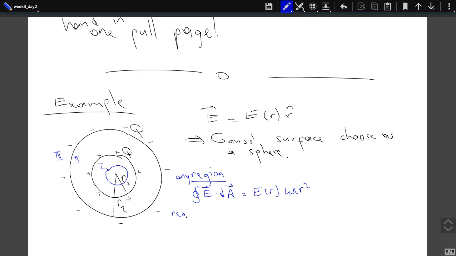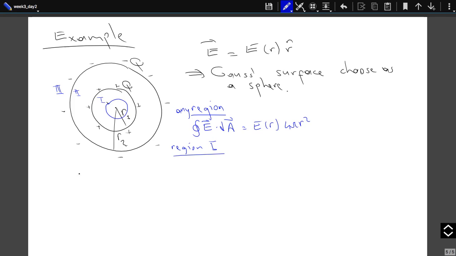Now region 1. If the Gauss surface is entirely in region 1, what is the enclosed charge? For this Gauss surface, what is the charge inside my Gauss surface?